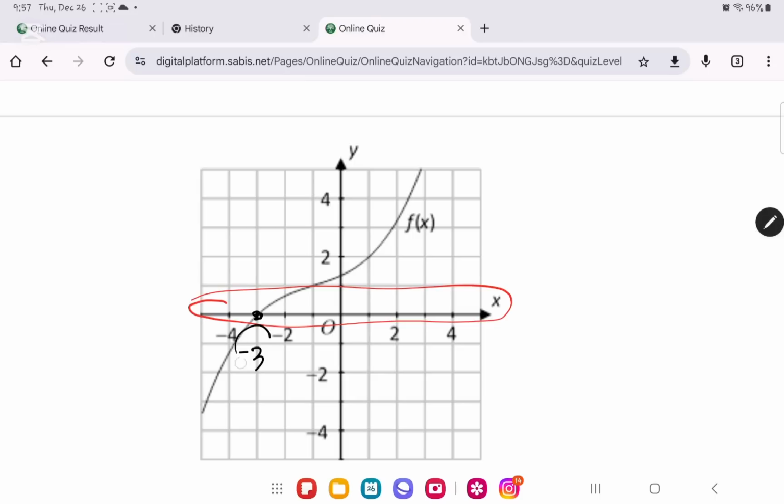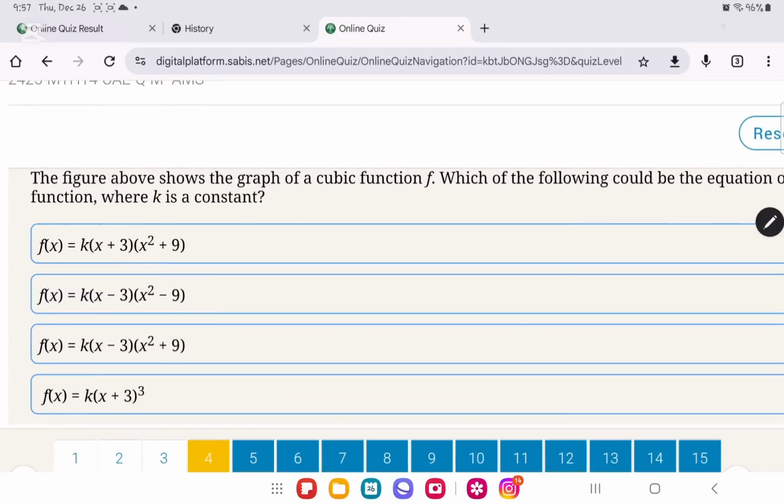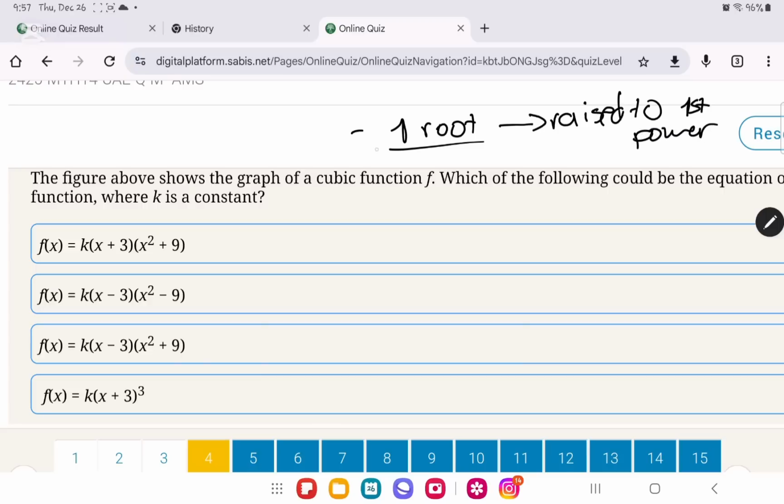That means when looking at the functions, we should have two conditions. The first condition is that we have one root, because that means we have one x-intercept. One root means it is raised to the first power. And then the second condition is that the root is equal to -3.